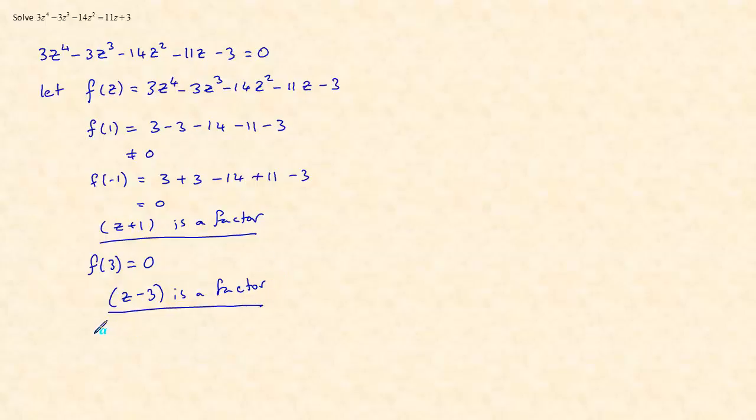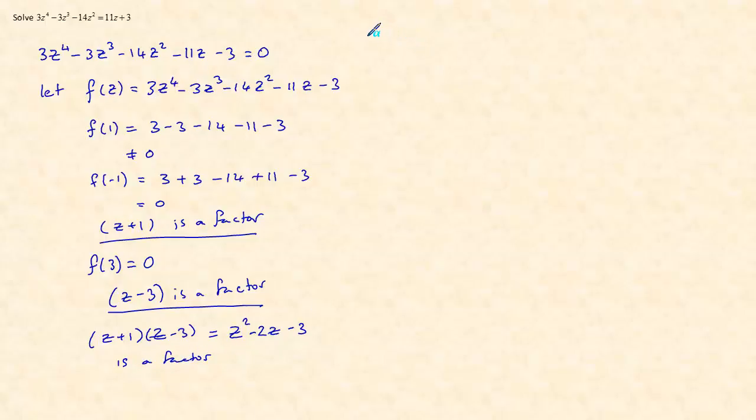So if we multiply those together, z plus 1, z minus 3, that gives me z squared plus z, take away 3z, so that's take away 2z, take away 3 is a factor.